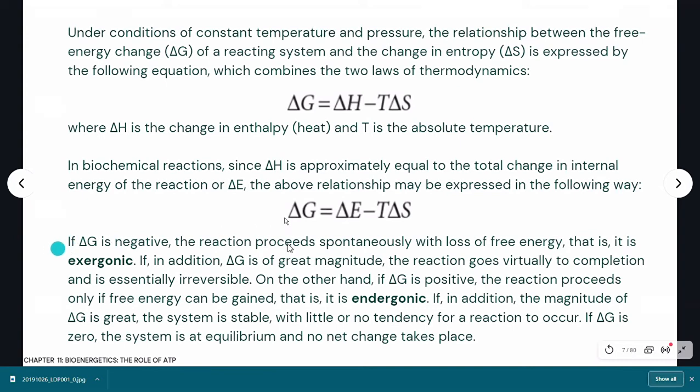If delta G is negative, the reaction proceeds continuously with the loss of energy. We call such a reaction exergonic. On the other hand, if delta G is positive, the reaction proceeds only if energy is supplied to it.